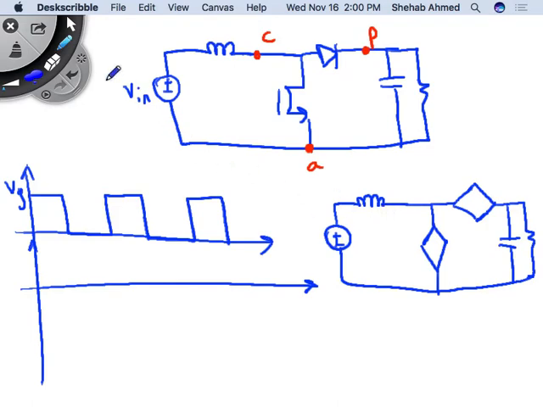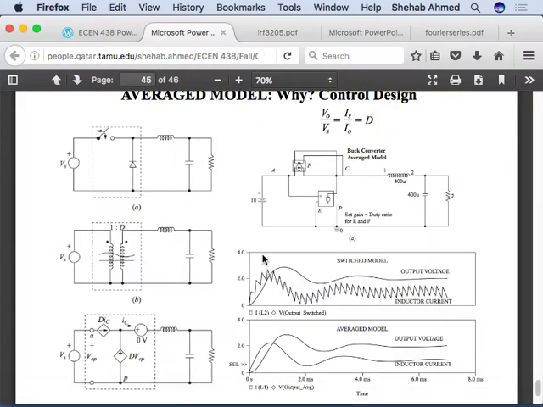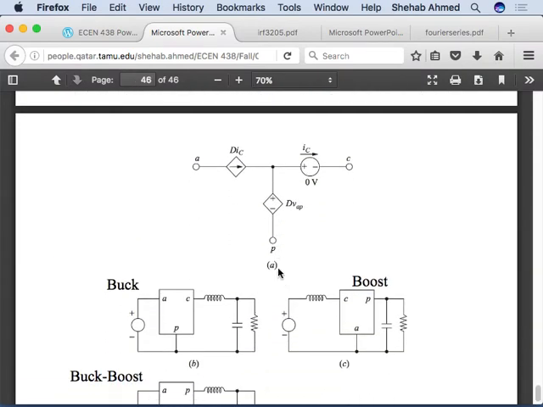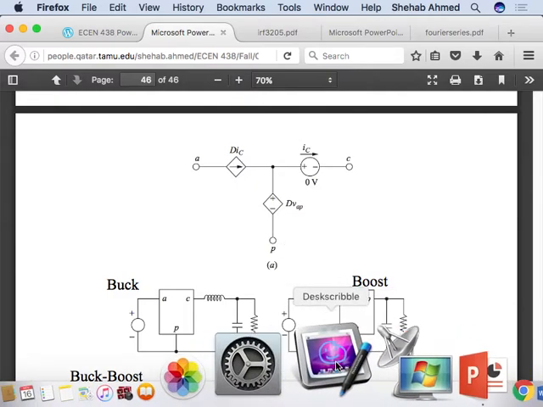I can just memorize or look at what they have, but I prefer to derive it, but I will show you what they have so that we can just plug it in. So here, if you go to the textbook, you will see that next to the active node is the current source. Next to the passive node will be the voltage source. Let's go back and put that here.